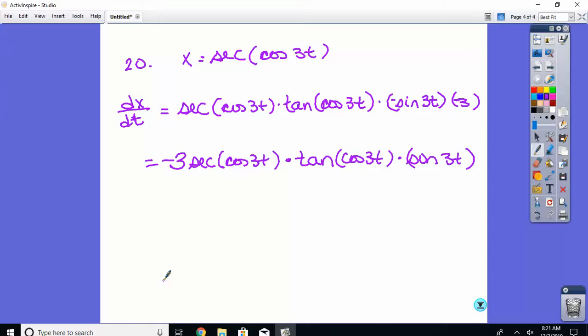Do you guys see the difference between when you have to do the product and the chain rule?